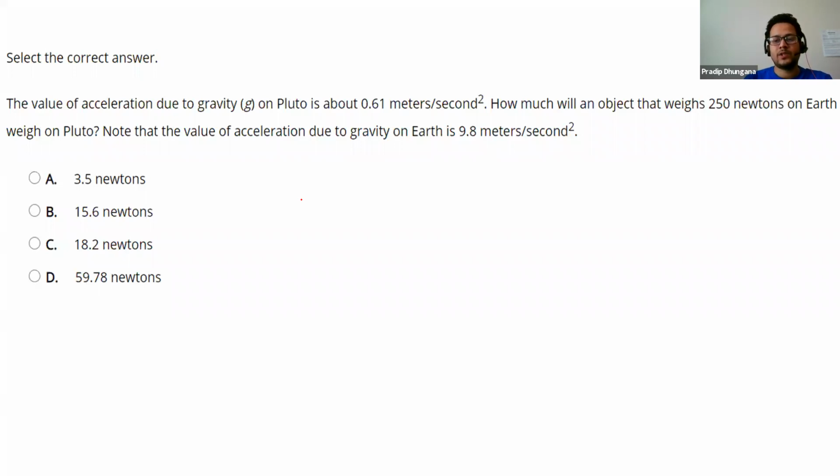How much will an object that weighs 250 newtons on Earth weigh on Pluto? Note that the value of acceleration due to gravity on Earth is 9.8 meters per second squared. Let me make two columns here: Pluto and Earth.